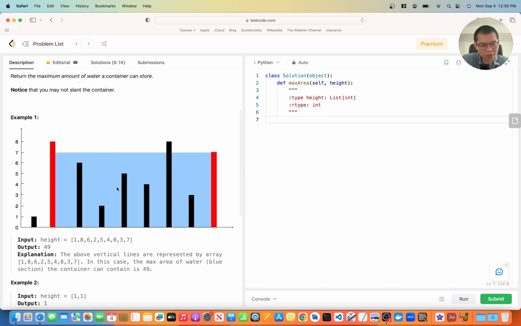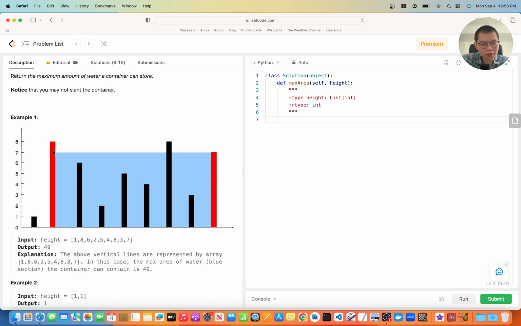Okay, what are we talking about here? So basically we're given a list of heights, and the list is called height. The first one is height 1, and then the second one is height 8, 6, 2, 5, 4, 8 again, 3, and 7.